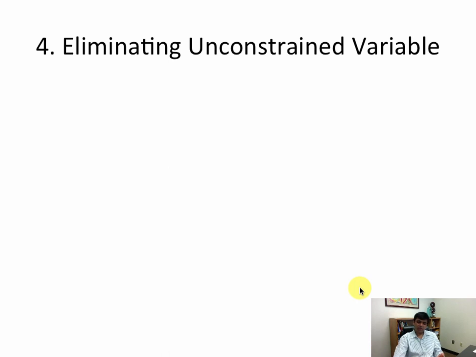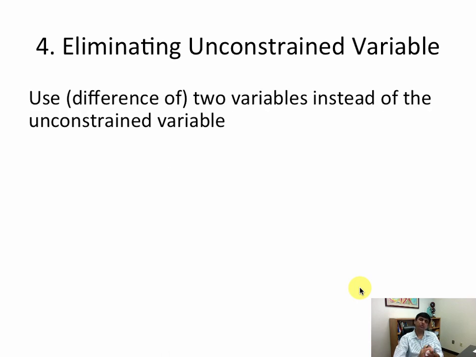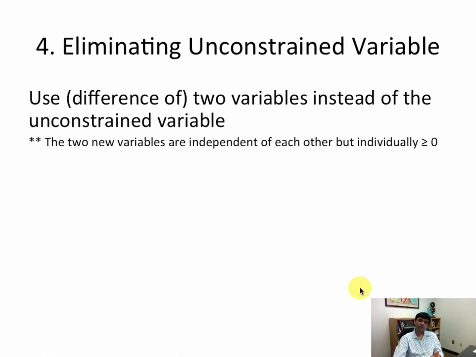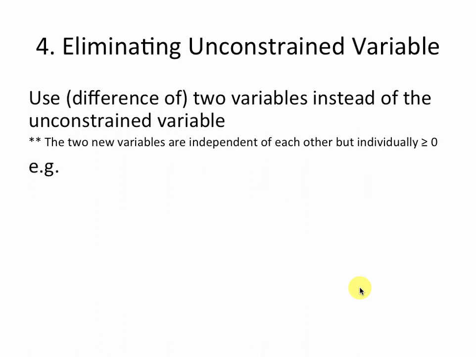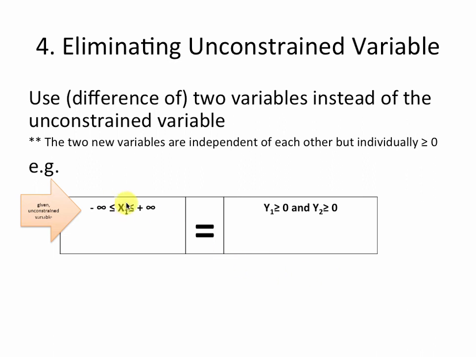For eliminating the unconstrained variable, in this case we will use two variables instead of a single one, and both of them can take independent values, but individually they are greater than or equal to 0. For example, if we have x1 ranging from minus infinity to plus infinity, we replace x1 by a difference y1 - y2, where y1 and y2 are both greater than or equal to 0, but can independently take any values.